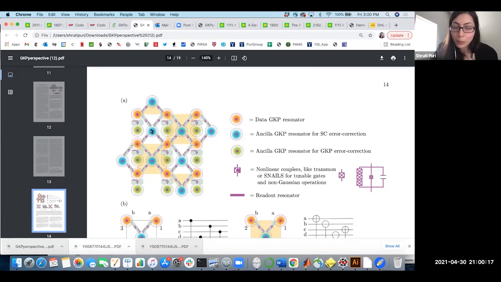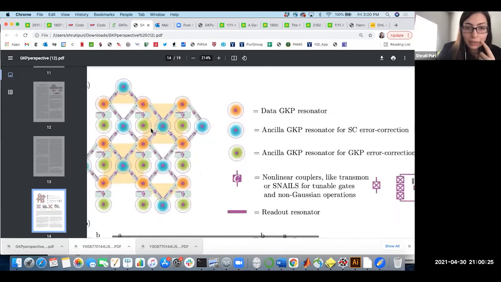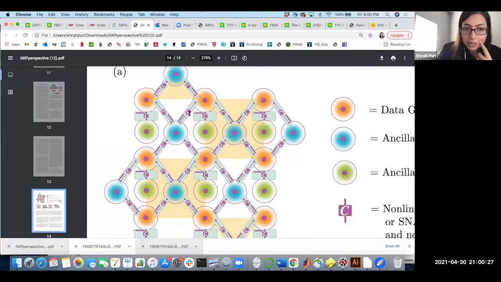So this is what this blue guy is doing. You put some coupler, like the SNAIL thingy that I was telling you about, between your data cavities and your ancilla cavities to do the CNOT gate, which effectively will then be used to measure the XXXX and ZZZZ stabilizers of your surface code.